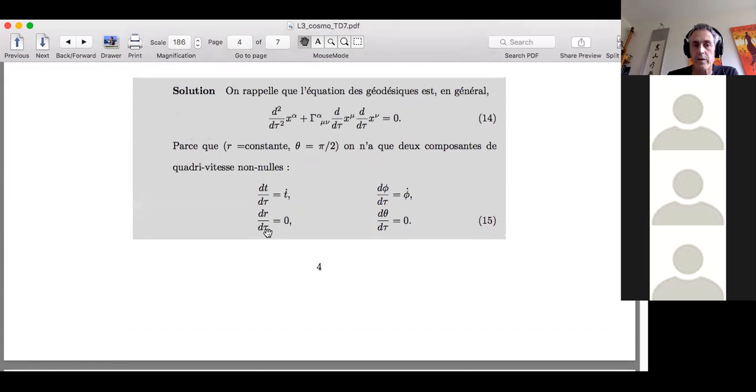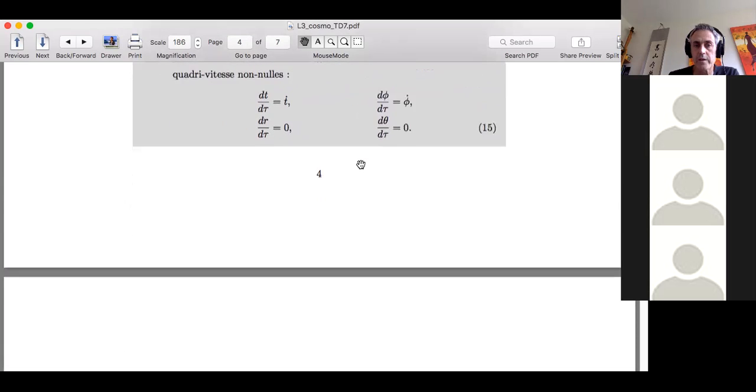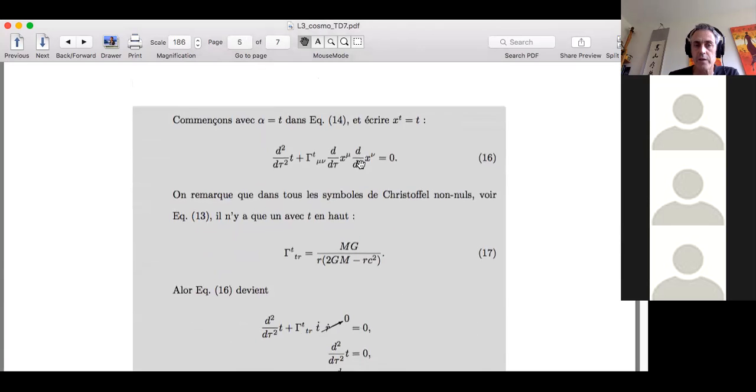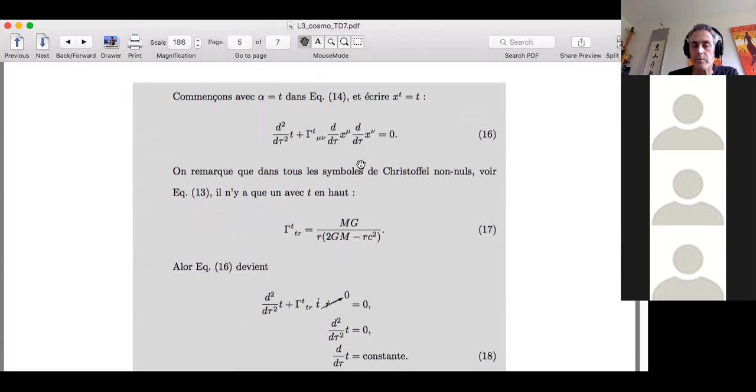And I've written tau here, which suggests that I'm using proper time, so I'm assuming it's a time-like geodesic. We can find later that indeed it is time-like if we want.